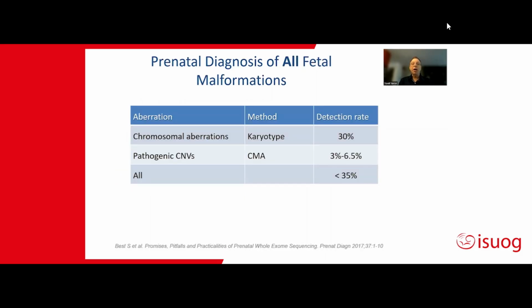So if we look at the prenatal diagnosis of all fetal malformation, and this is taken from a paper by Best et al., the estimation is that chromosomal microarray with or without karyotype may detect up to 35% of all fetal abnormalities, leaving about 65% undetected.